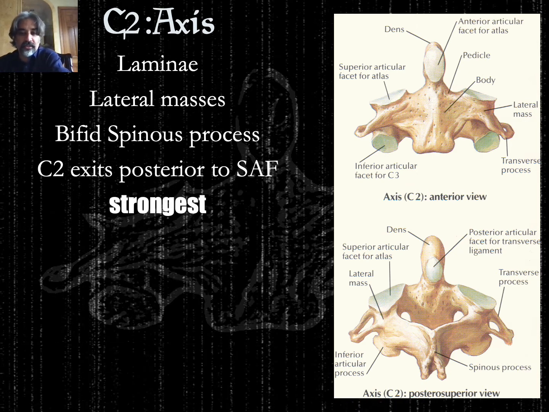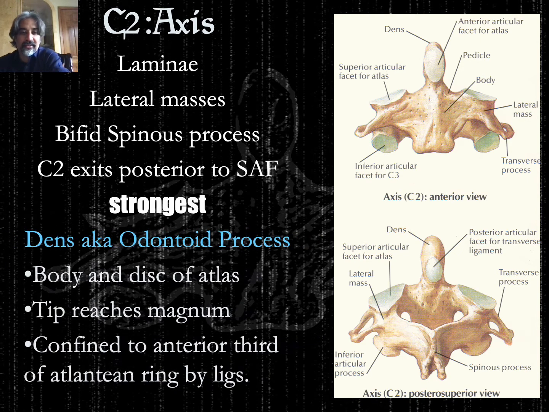It's the strongest of all of the cervical vertebrae, and the dens I already told you about. The dens goes all the way up into the foramen magnum, and it's held kind of in the front toward the atlas by some ligaments, which we'll talk about later.